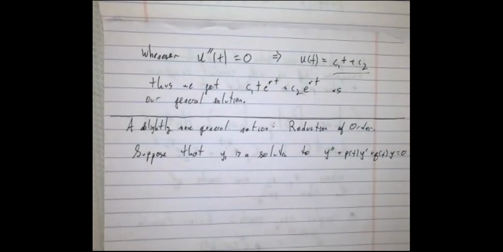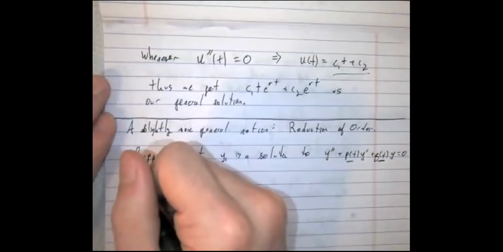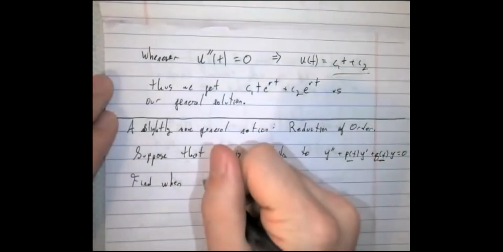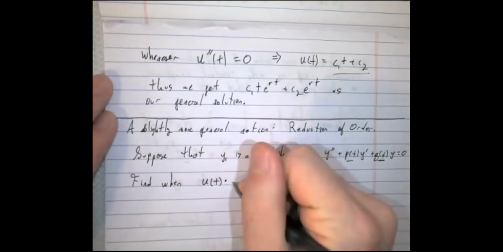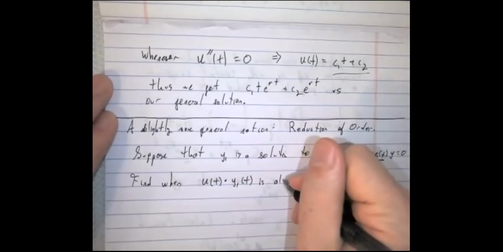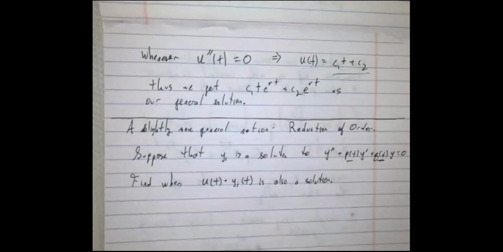In other words, y1 is a solution to this second order linear homogeneous differential equation that is more general than just having constants out front. We want to find when u of t times y1 of t is also a solution. So this is exactly what we were doing yesterday. We're just expanding the kinds of differential equations that we're thinking about.